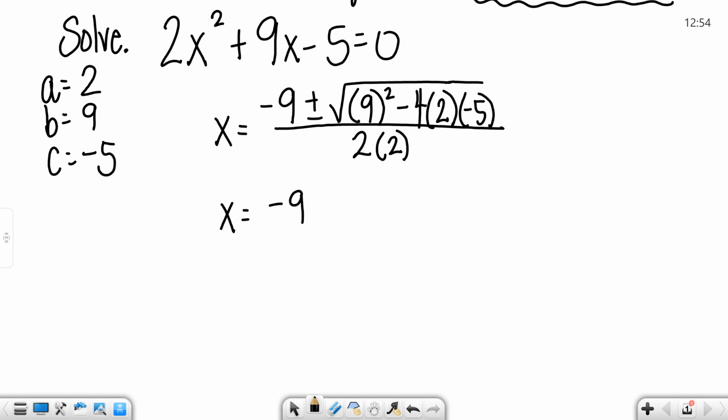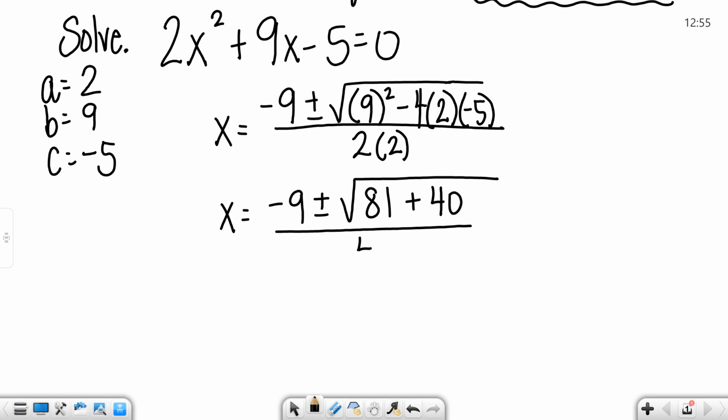So I'm going to start under that radical, 9 squared, right? And then when I multiply -4 times 2 times -5, I end up with +40. Now if you make a sign error there, it's going to mess up the whole problem. My denominator, 2 times 2 is 4.